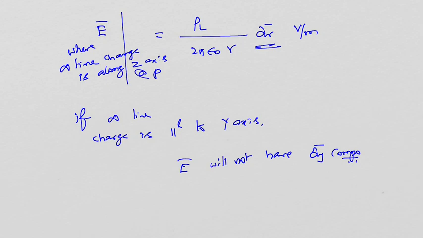So R AR is all about only the perpendicular distance from the infinite straight line.